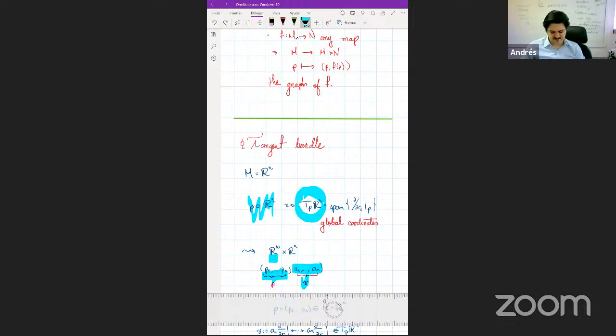This is the crucial part. This is not any vector. It is a vector that belongs to the tangent space of this point. So they come together like this.